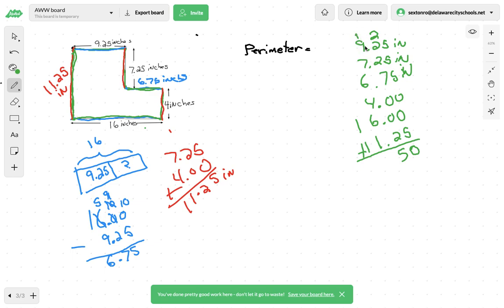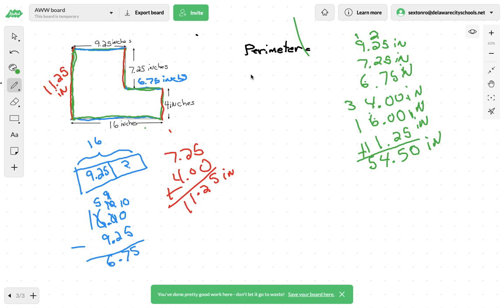Then 9 and 1 is 10, 17, 18, 19, 20, 21, 22, 23, 24, 25, 26, 27, 28, 29, 30, 31, 32, 33, 34. And then 3, 4, 5, 54. Wowee. These are all inches, but we add them up, that's what they are, and 54.50 is how many of them we have.